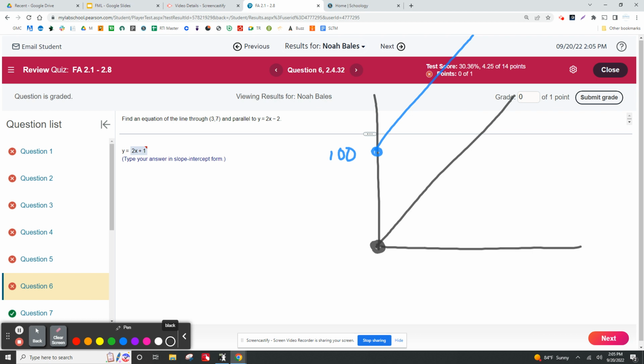If we both work 10 hours, you would be at $280. I would be at $180. I'd be $100 behind you. So parallel lines have the same slope. So we want the equation that has this x, this y, and that m. So we know x is 3, y is 7, m is 2.